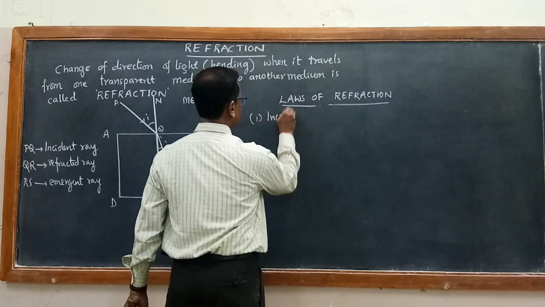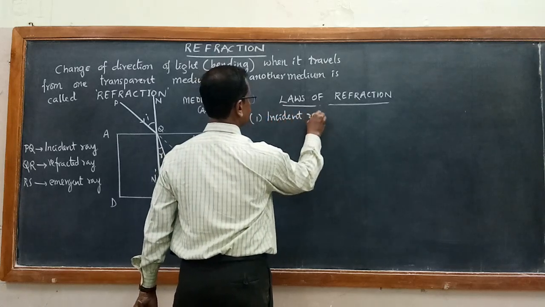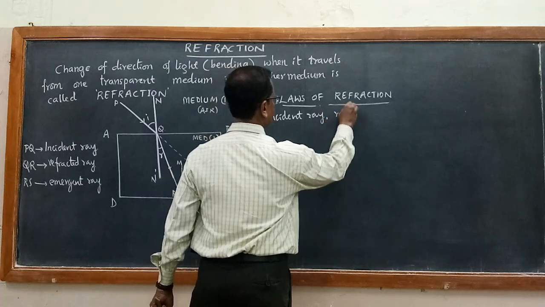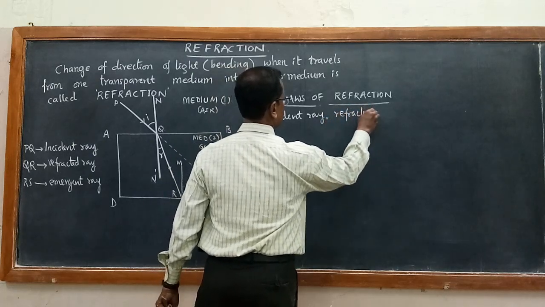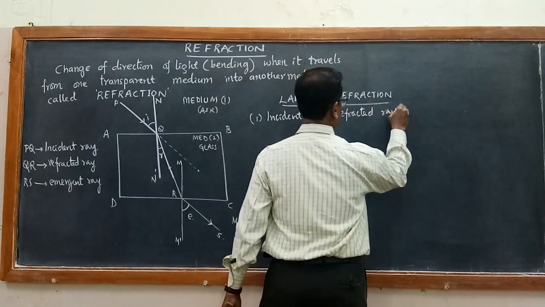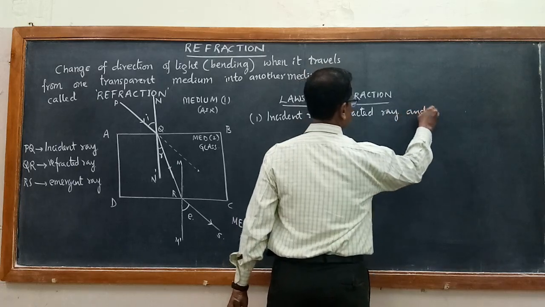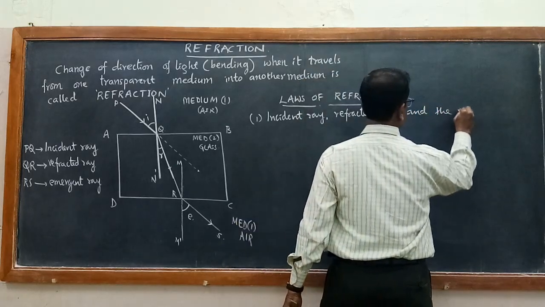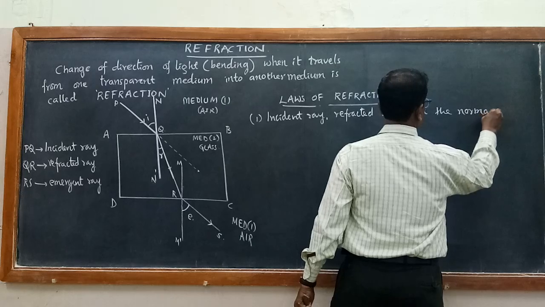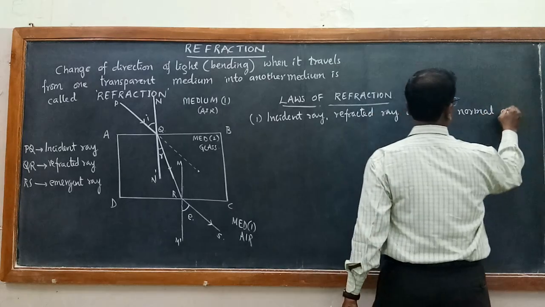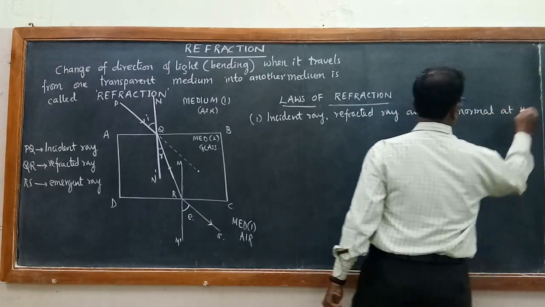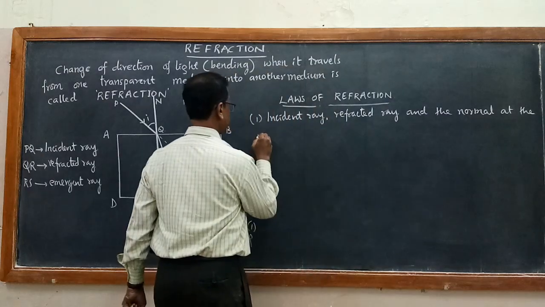The incident ray, refracted ray and the normal and the interface between two media at the point of incidence. This is important.